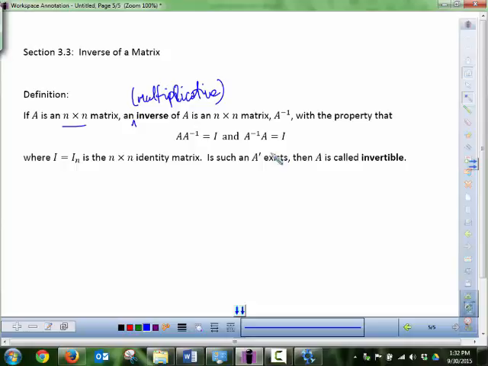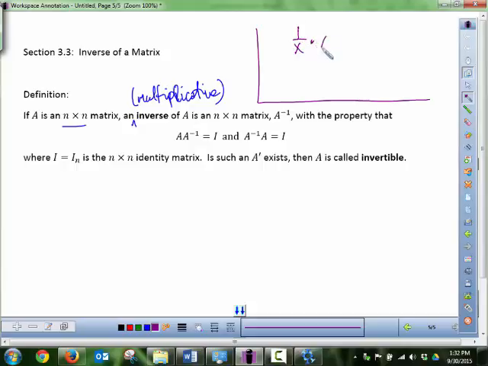This is equivalent, in terms of our real number language, to 1 over x times x is equal to 1, and x times 1 over x is equal to 1.